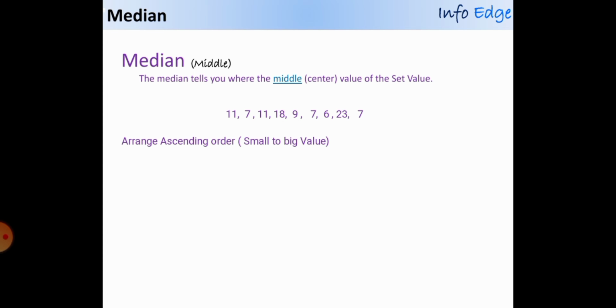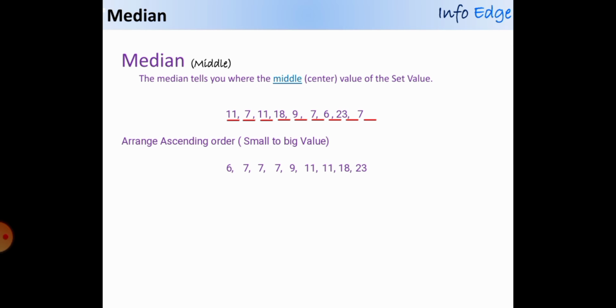In the above set of values, the lowest value is 6, and 7, and one more 7, and one more 7, then 9, then 11, then 11, 18 and 23.